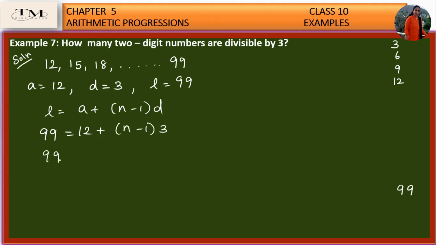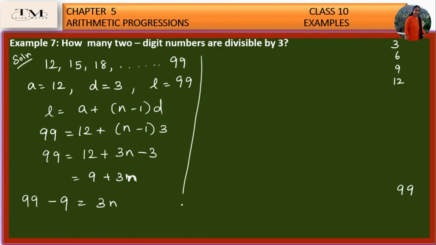So 99 equal to 12 plus 3n minus 3. 12 minus 3 is 9. So 9 plus 3n. I am going to keep the positive 3n here and take the constant value 9 to the other side. So plus 9 will become minus 9. 99 minus 9 is 90 equal to 3n.